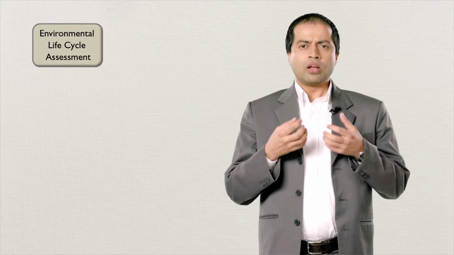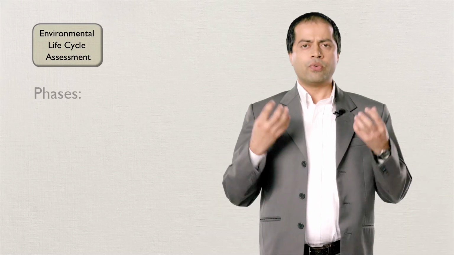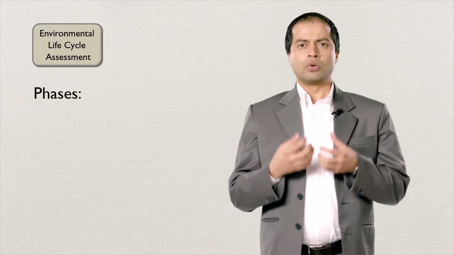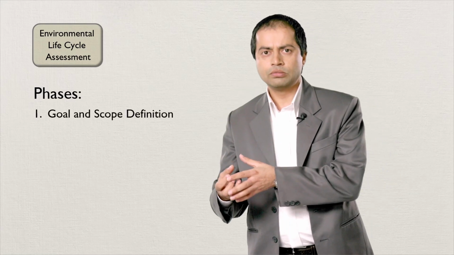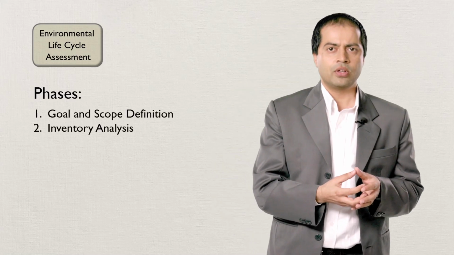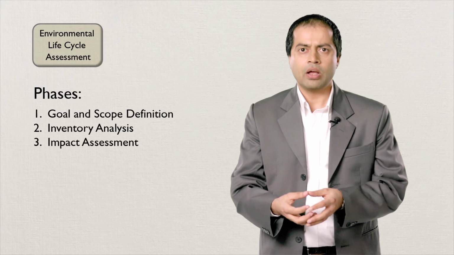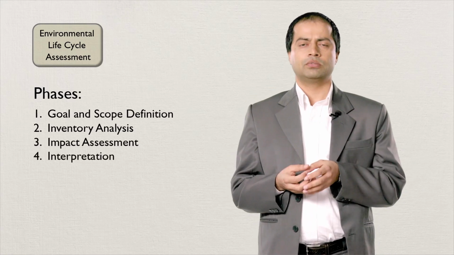Environmental LCA is the compiling and evaluation of the inputs and outputs and the potential environmental impacts of a product system during a product's lifetime. Conducting the LCA involves 4 phases: goal and scope definition, inventory analysis, impact assessment, and interpretation.